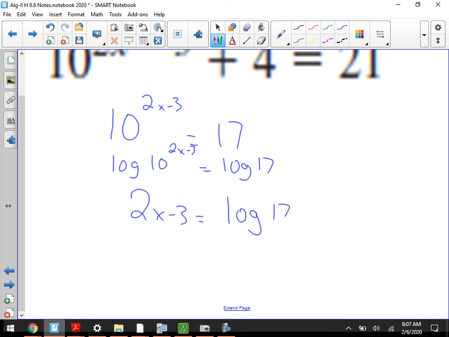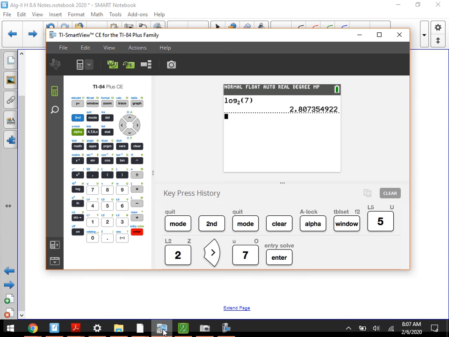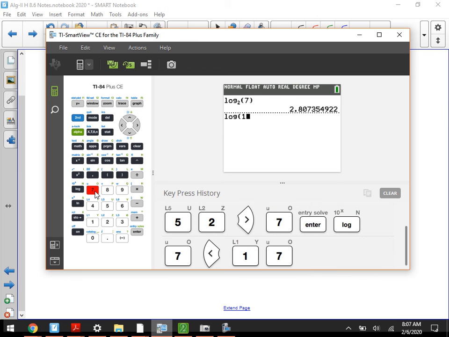So at this point, since it's just log base 10, you can hit log 17, but what do you have to do after that first? Parentheses, gotta hit the parentheses. All right, so this is going to give me some decimal. To that, what do I have to do?